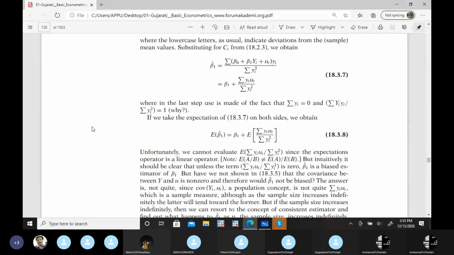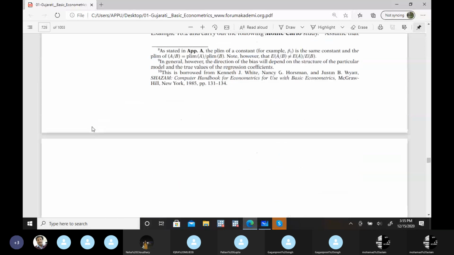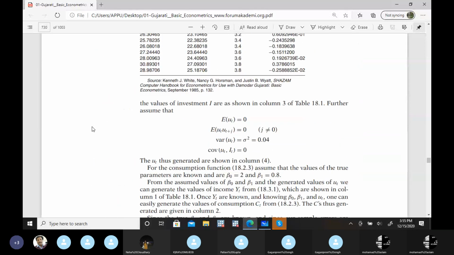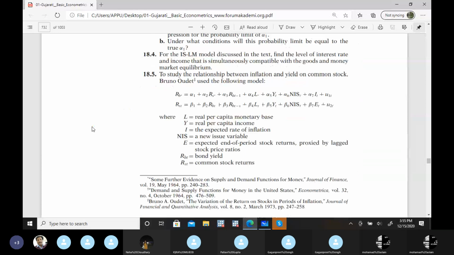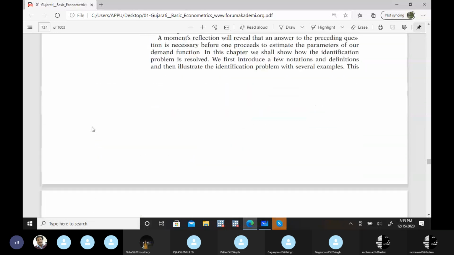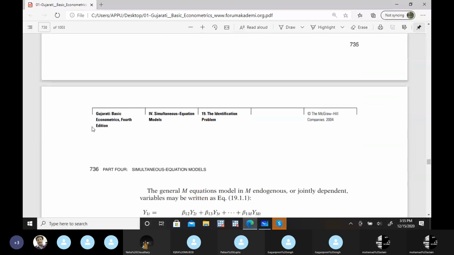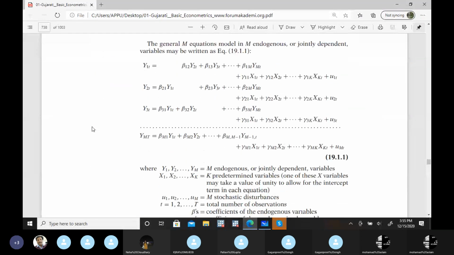If you go by this, all these properties are given, that the results are inconsistent and biased. I just explained this part to you. So just read this chapter, you will get more clarification. Okay, so let's take the next case. First understand what is endogenous and what is exogenous.